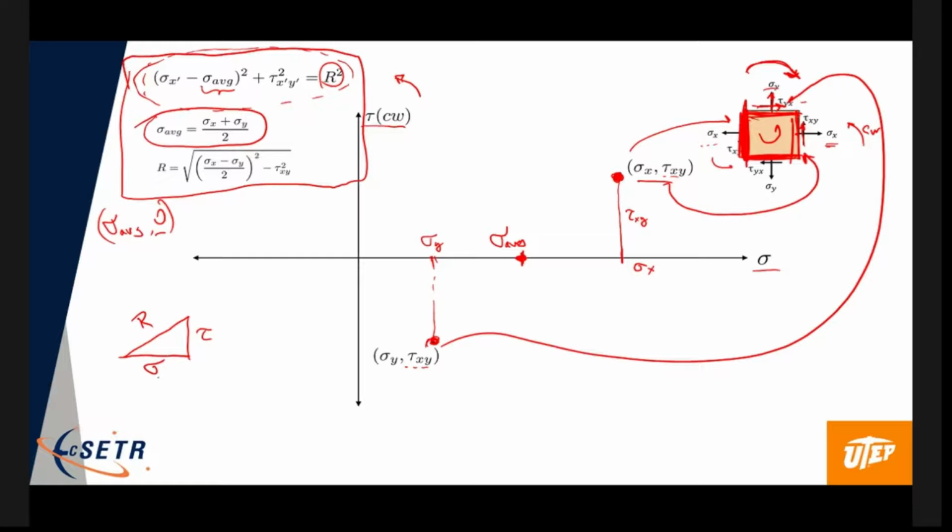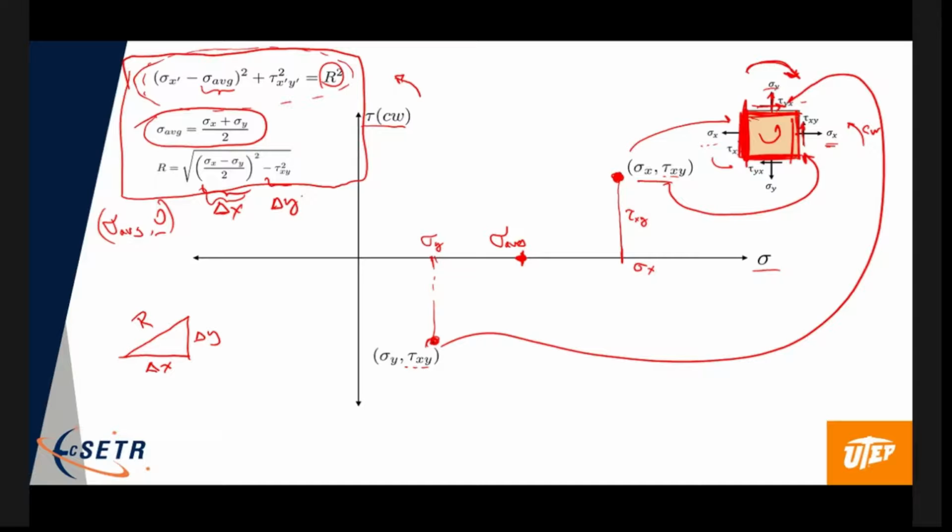So this is sort of the delta X. Let's call this delta X, and this is the delta Y. Square them, sum them up, and you get the radius, okay?